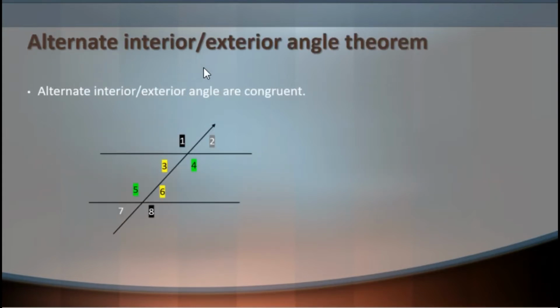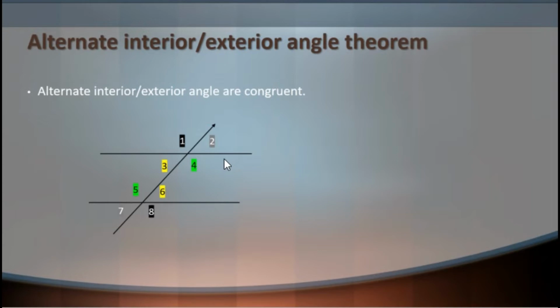Continue on with the alternate interior angle theorem and the alternate exterior angle theorem. We call the angles within the parallel lines the interior angles, and the exterior angles are the angles outside of the parallel lines. When we have a line intersecting two parallel lines, they will create eight angles. These angles are interconnected with one another, meaning that they have their own relationships, and their relationship is the alternate interior or exterior angle theorem.